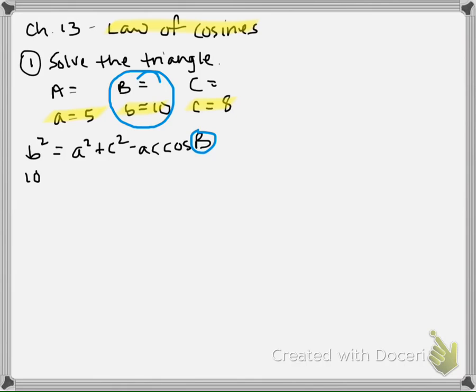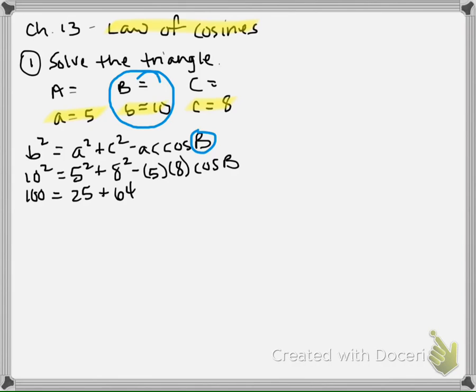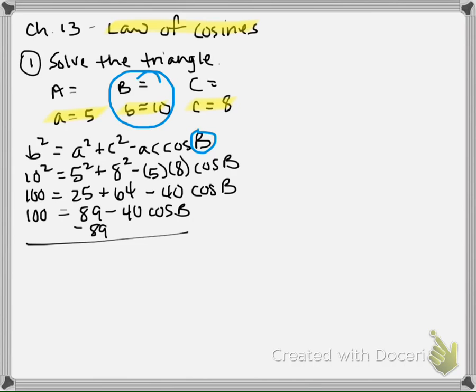So I'm going to get 10 squared equals 5 squared plus 8 squared minus 2 times 5 times 8 cosine B. I get 100 equals 25 plus 64 minus 80 cosine B. I'm going to start isolating the cosine B, so I'm going to subtract 89 from both sides.